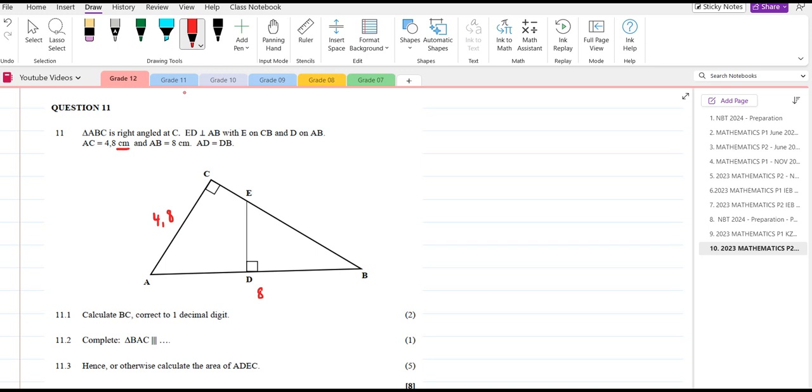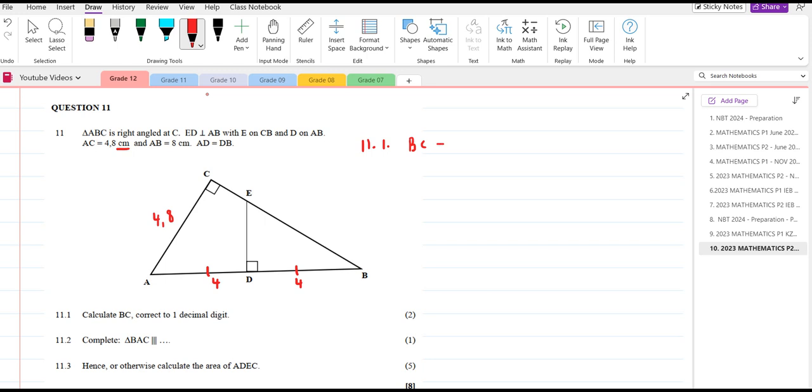See, it's not even marked here. AD equals BD. So that's 4 and 4, right? So we're going to put 4 and 4. Calculate BC correct to 1 decimal digit. For BC, we're going to apply Pythagoras here.